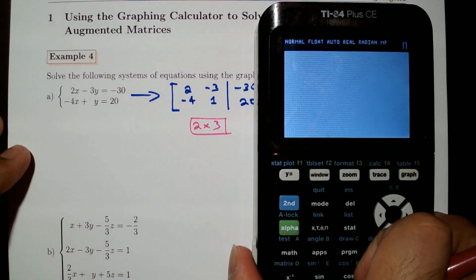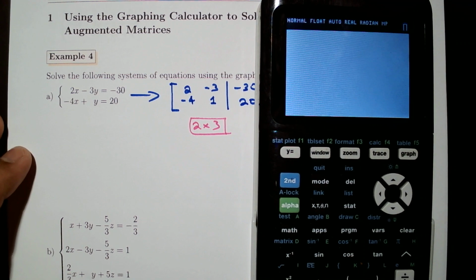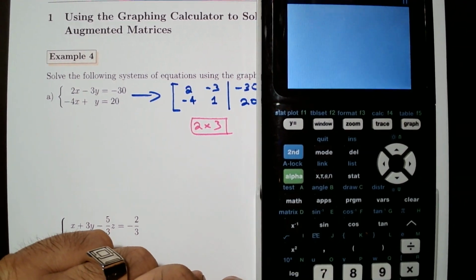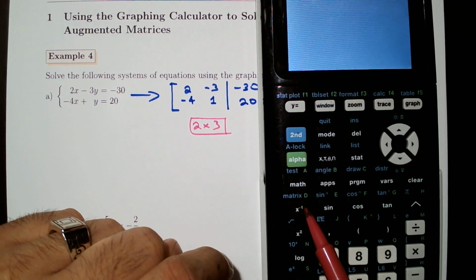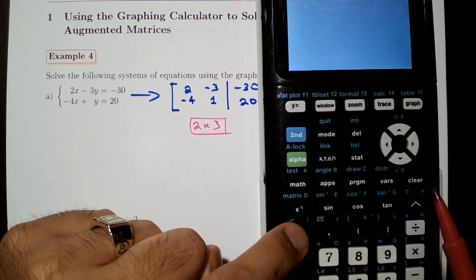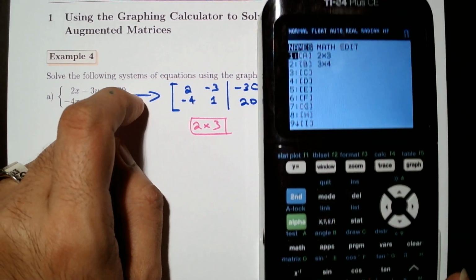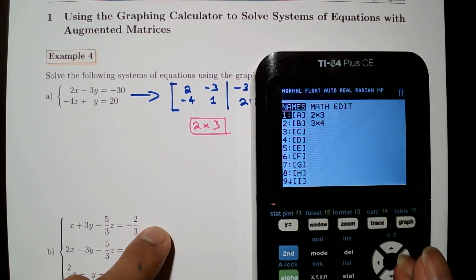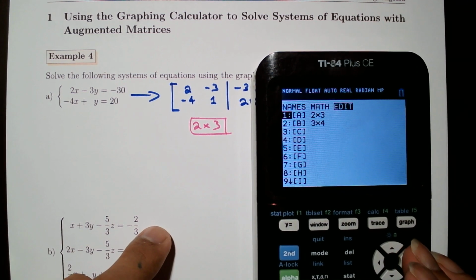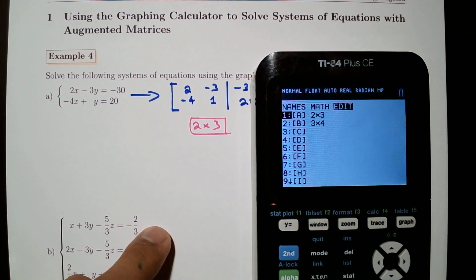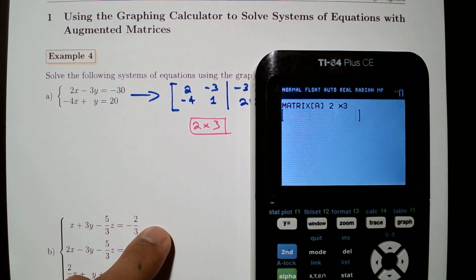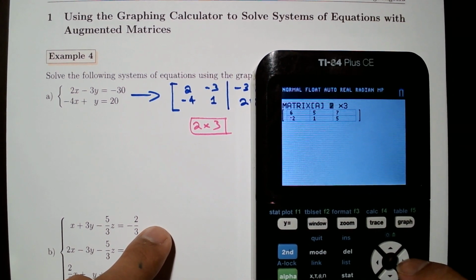Okay, so what are we going to do here? We are going to click second, and then the x to the negative 1 to reach matrix. If you already have some matrices, we're going to scroll all the way to the right and highlight the edit, because that's where we are going to put the values.